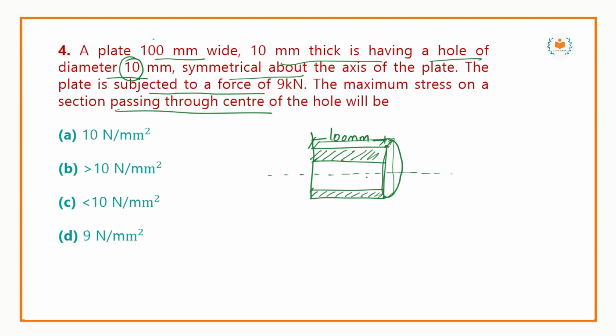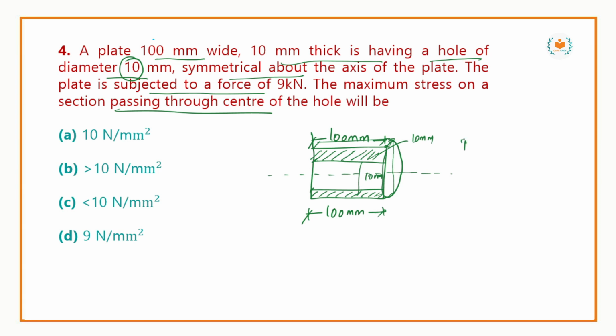Now in this they have made a hole of 10 mm diameter. 10 mm thickness is given, 100 mm wide is given. So if we take this as 100 mm wide, as I've already mentioned here, and this as 10 mm thick, the hole of 10 mm is what is being made.